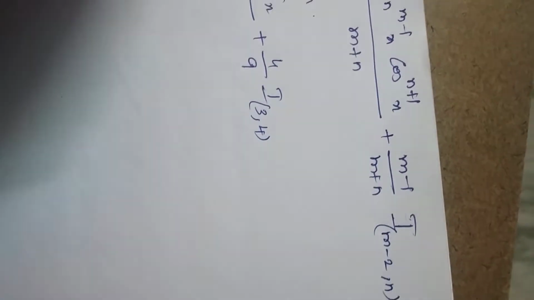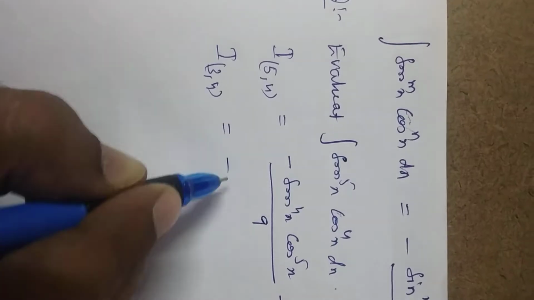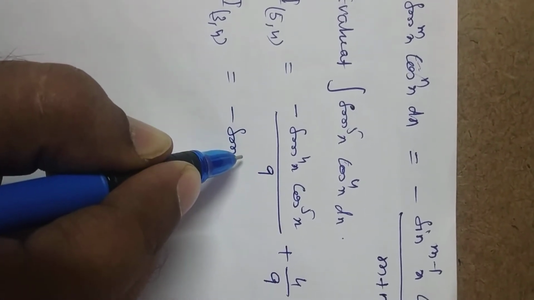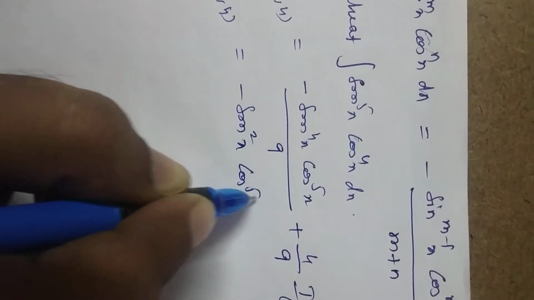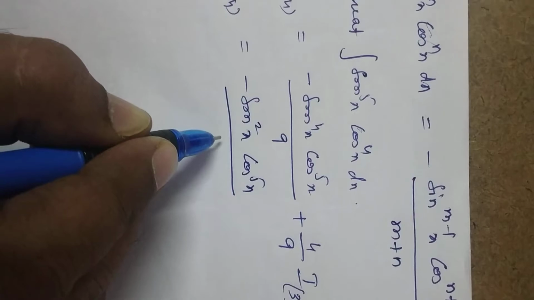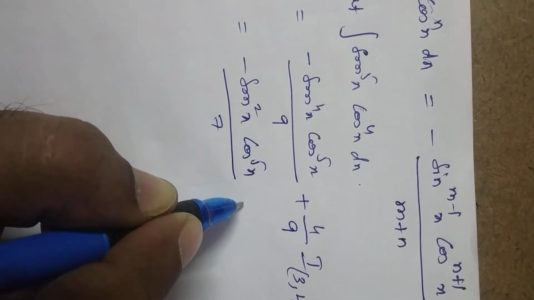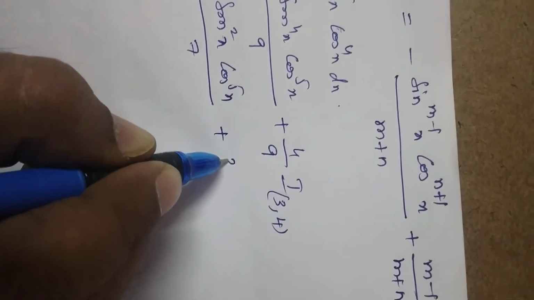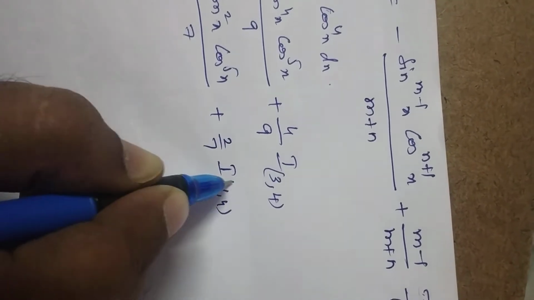Again we need to find I(3, 4). So I(3, 4) is equal to minus sin^(m-1) x, that is sin squared x, into cos^5 x by m plus n, 3 plus 4, 7, plus (m-1) by (m+n), that is 2 by 7, into I(1, 4) this time.